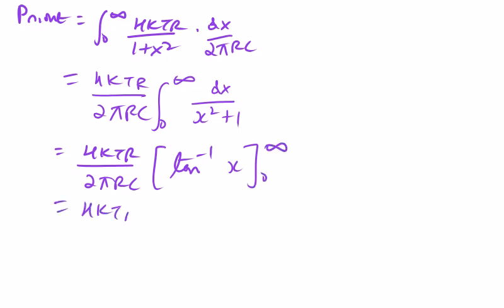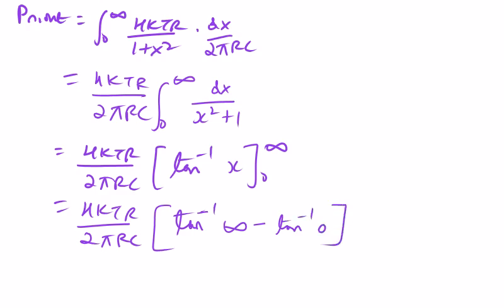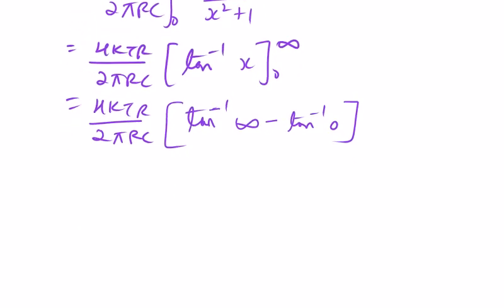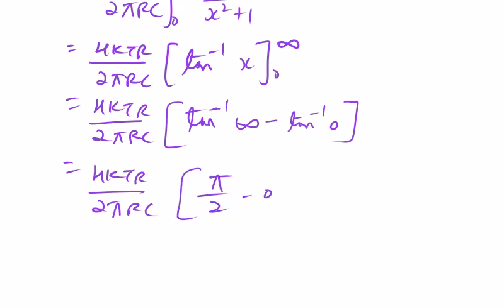So it is 4kTR divided by 2 pi RC, times tan inverse of infinity minus tan inverse of 0. So we get 4kTR divided by 2 pi RC into pi by 2 minus 0.